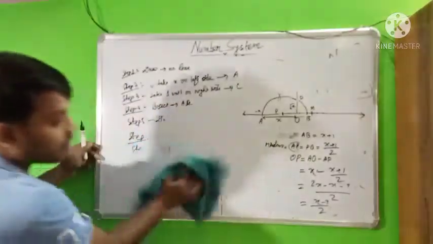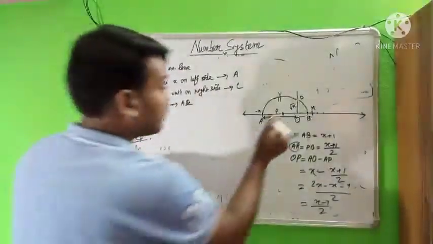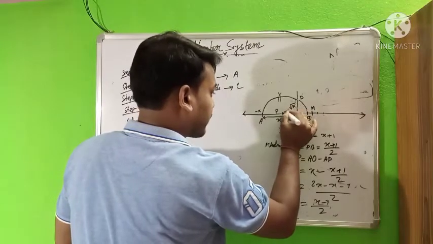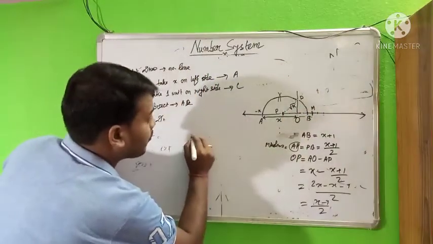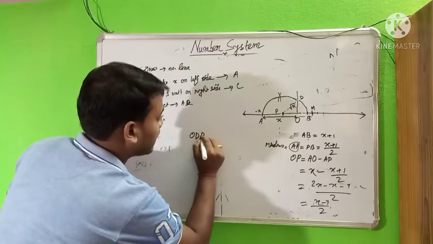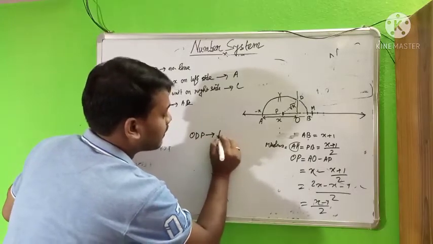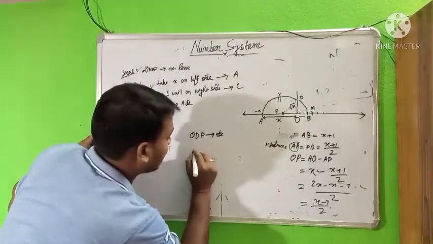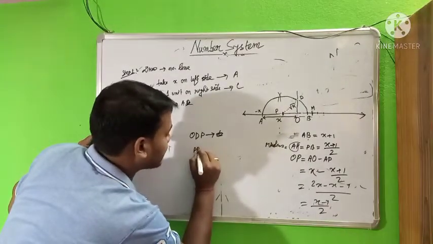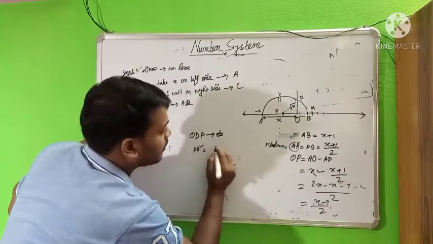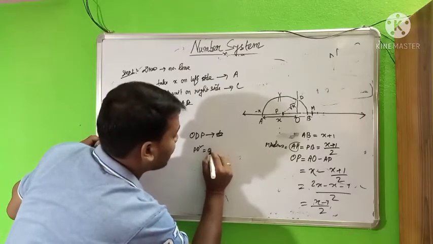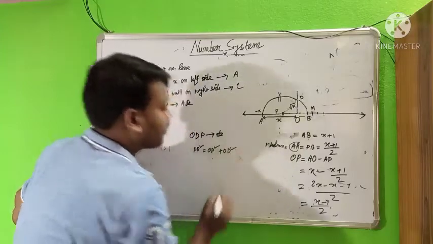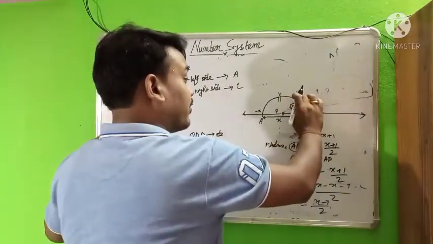Okay. So if we join this, then ODP is a right angle triangle. By Pythagoras theorem, hypotenuse square, that means PD square equal to base square OP square plus OD square. So we need to find the value of OD.